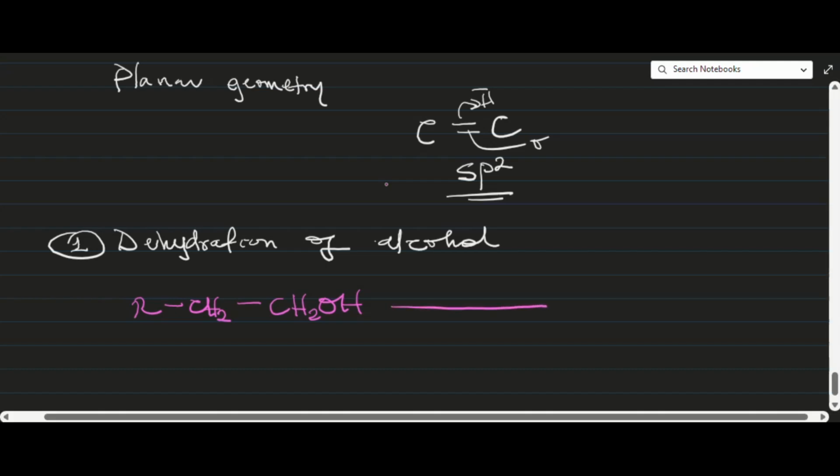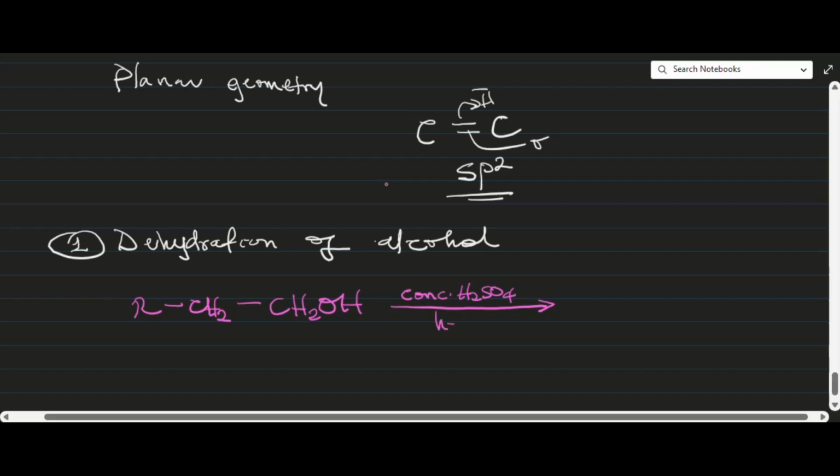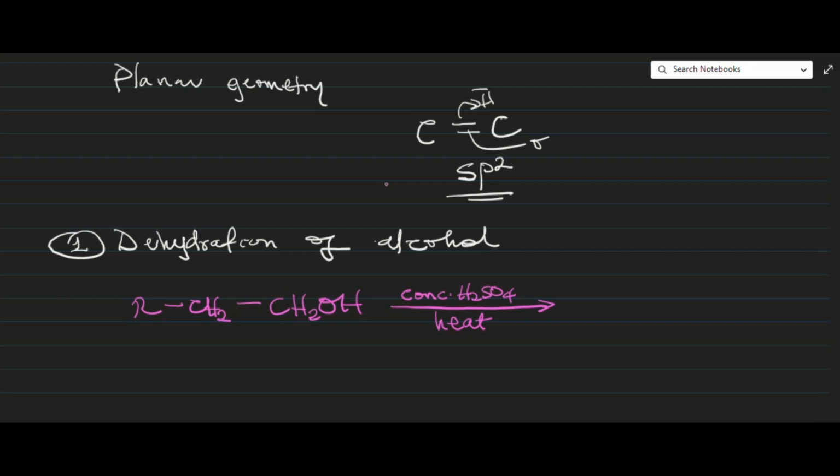So alcohol will undergo dehydration. So what do we use to dehydrate alcohol? The catalyst that is used is concentrated sulfuric acid, conc H2SO4, and the reaction also happens at elevated temperature. So we need to heat the reaction. And then what are we going to have?